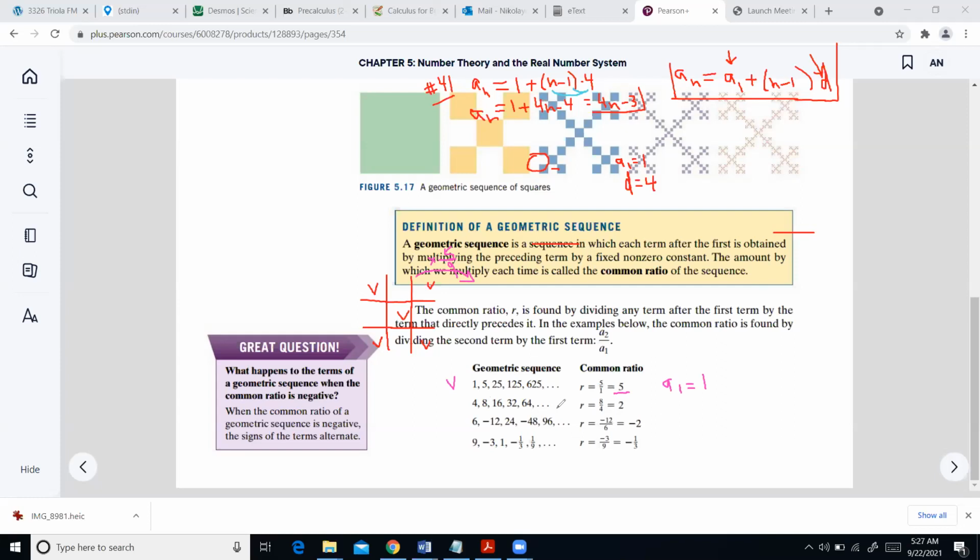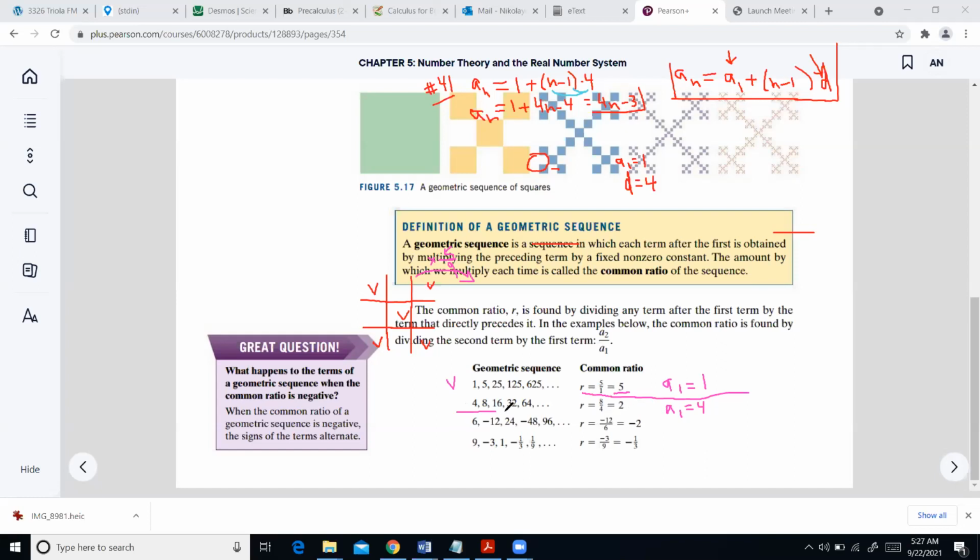For the second one, we have the first term, which is 4. The first term is always pretty straightforward to find, right? Just take the first number. And the ratio, well, you need to multiply by 2. You need to double. Every next step, you just multiply by 2. So you just keep on doubling. So the ratio is 2.